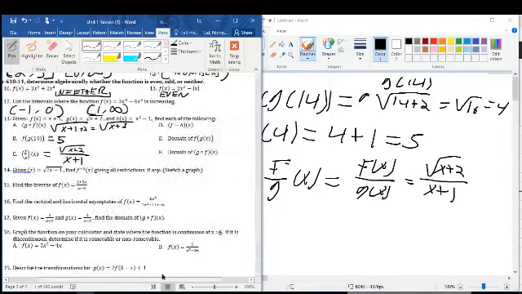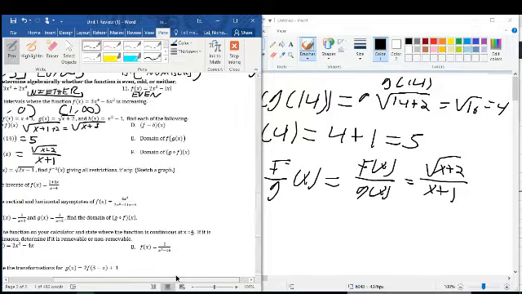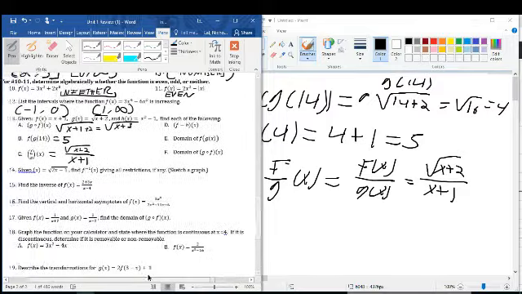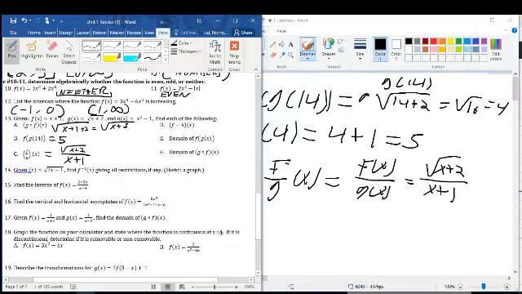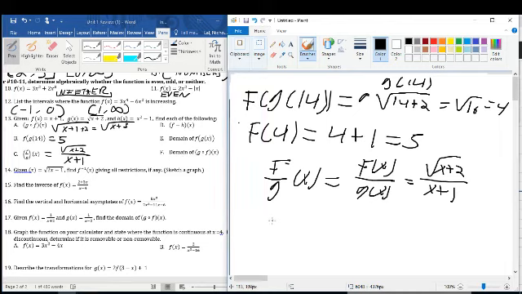And for d, that's f minus h of x. So that's just going to be f of x minus h of x. So for d, that'll just be x plus 1 minus x squared minus 1.